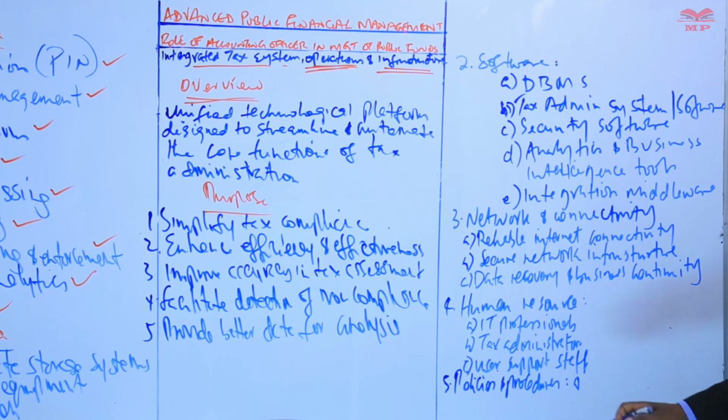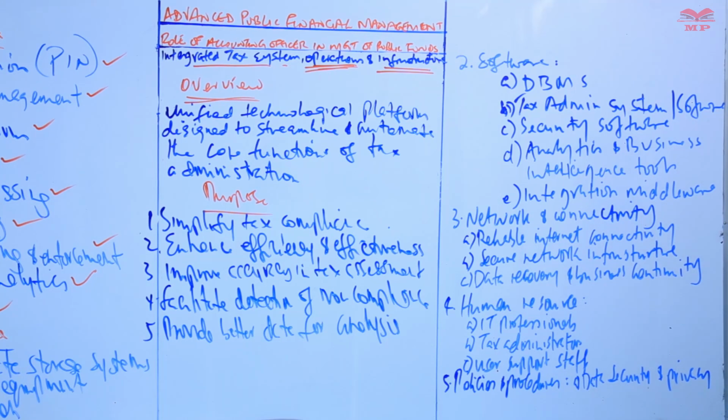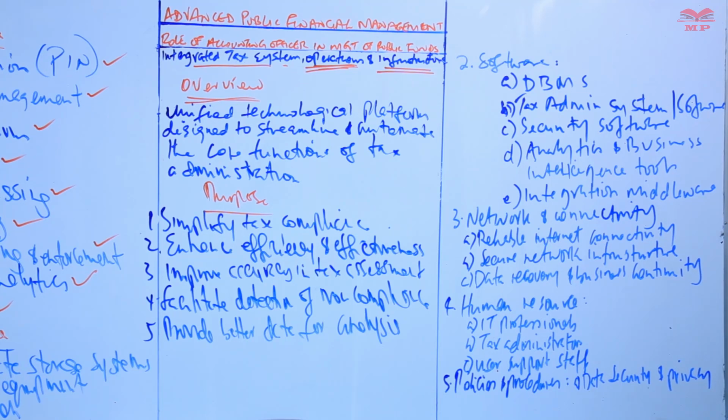One, data security and privacy procedures to be in place. Strict policies to ensure the confidentiality, integrity, and the availability of taxpayer data in compliance with relevant data protection laws.